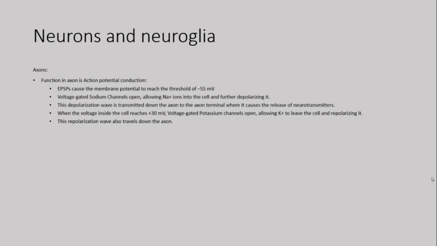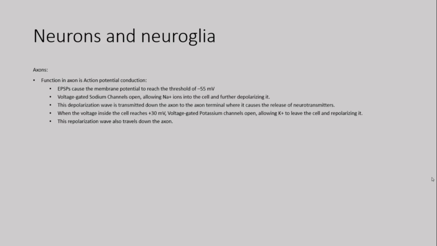So what is the main function of the axons? We said if we have a neurite that relays signals away from the soma, that's what we call an axon. An axon's main function is basically action potential conduction, right? We just talked about it.